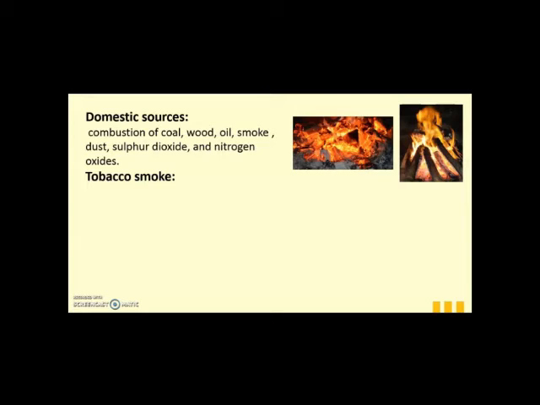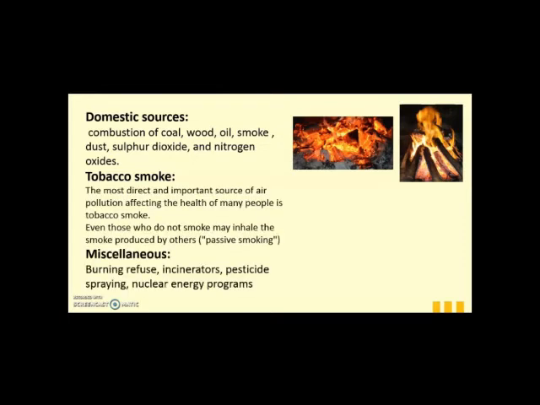Tobacco smoke is another very important air pollutant, as the most direct and important source of air pollution affecting the health of many people is tobacco smoke. Even those who do not smoke may inhale smoke produced by others, and this is called passive smoking.